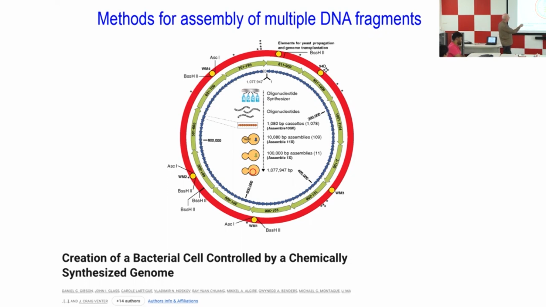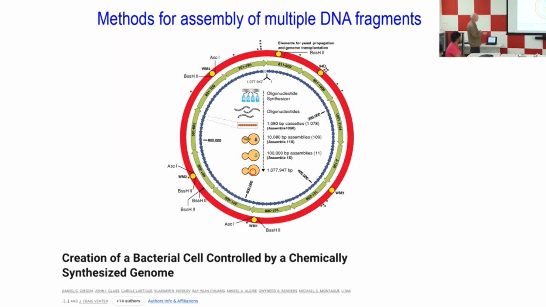And the idea was to generate one by one all of these segments here, then with this homology code at the end and everything, and then make a mix and put the whole mix in a super efficient recombination yeast. And then at the end, it was possible to assemble an entire chromosome of this bacterium that is called Mycoplasma genitalium.